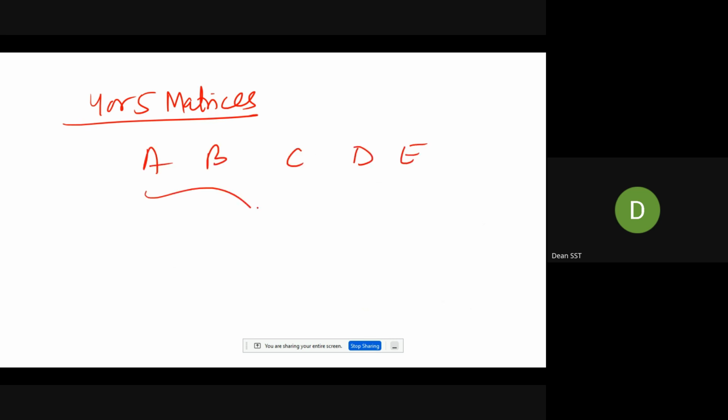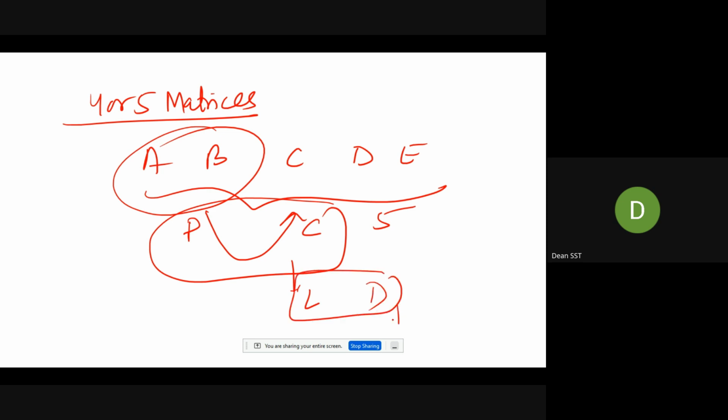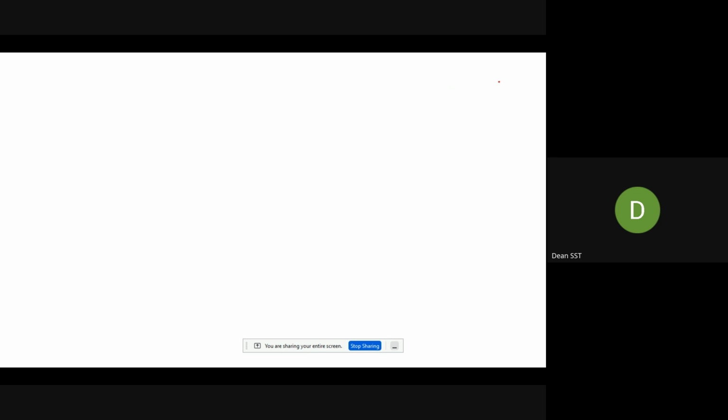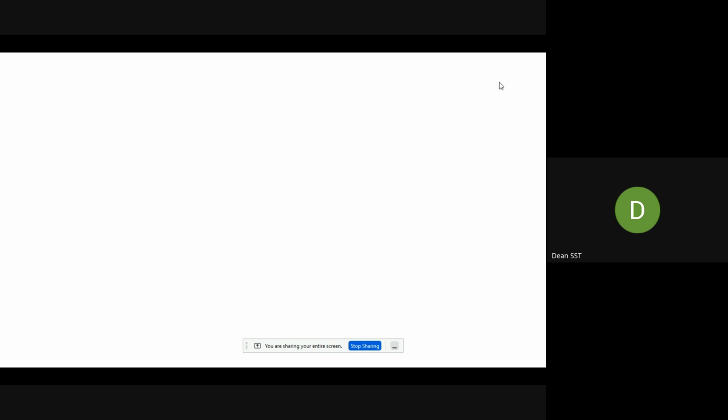You multiply A and B, then the result will be one matrix, say P; then P and C, with result L; then L and D, with result G; then G with E. It means at a time you need 2 matrices to multiply. The resulting matrix is multiplied with the third one, then the fourth, and so on.